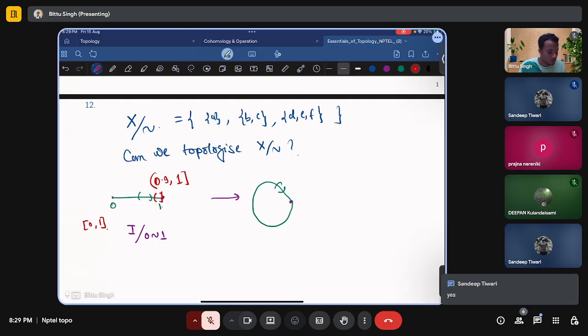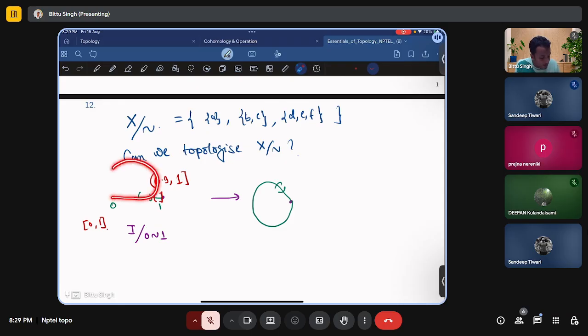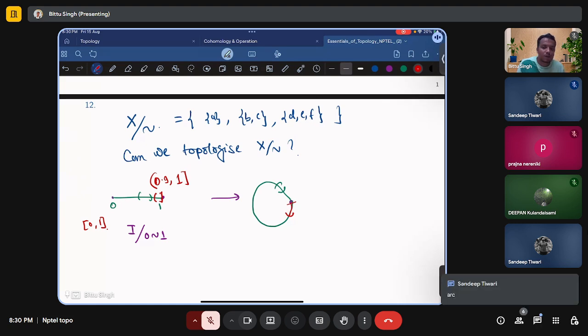This is open, but the image, it is like [0,1] is wound like this. If we think of this as 0, the image will look like this kind of thing, an arc, but one side is closed, one side is open.